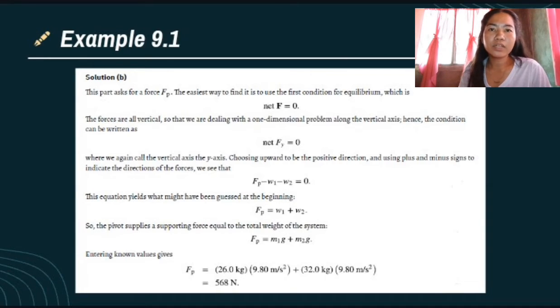Entering known values gives F sub P equals M sub 1 g plus M sub 2 g.